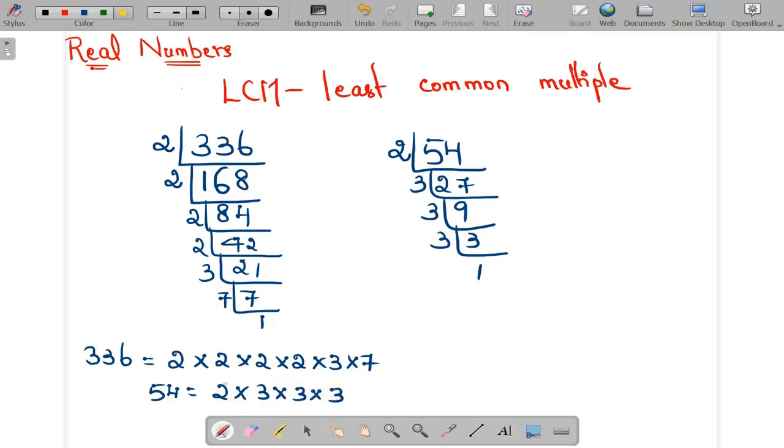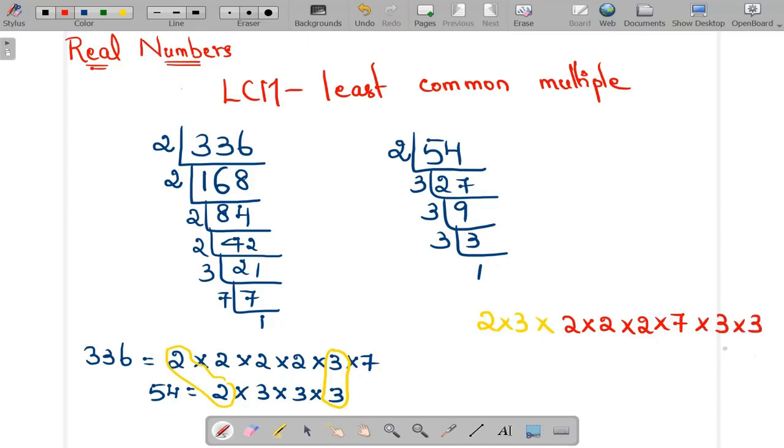There is one 2 that is common to both, and one 3 common to both. There is nothing else common, which means 6 is the HCF. I'm going to write this 2 into 3 once. What is left, I'm going to pick and write: there are three 2s from the 336, a 7, and two more 3s.